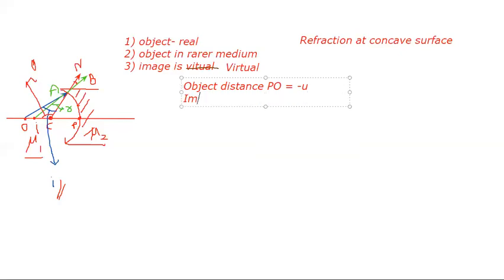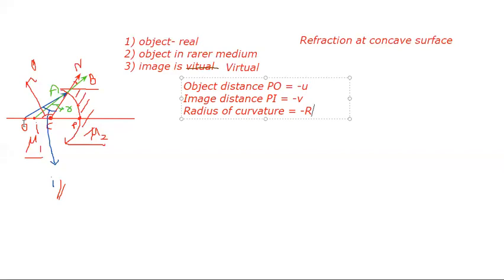Image distance is PI, and that is equal to minus v, since the image is also formed on the negative x-axis. And radius of curvature is equal to minus R, because it is also on the negative x-axis.